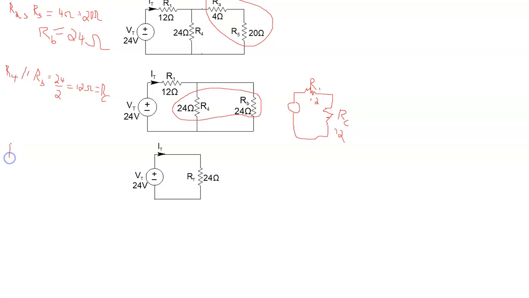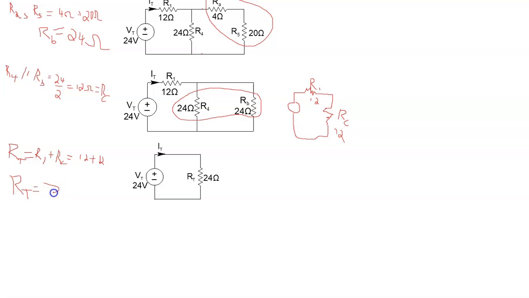So we should be saying that RT is equal to R1 in series with RC, means plus RC, and that gives us 12 plus 12, which of course is 24 ohms. And so RT equals 24 ohms.